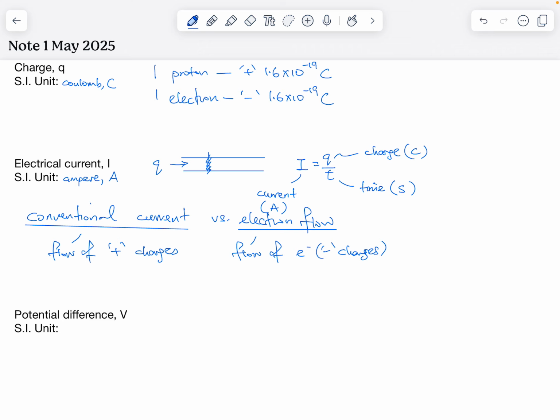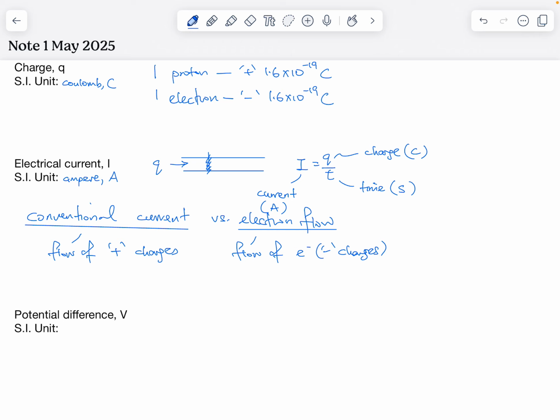So they had this concept that is incorrect at the time before the discovery of electrons. So because of that, all the equations, understanding, laws have been built on the wrong concept that current flows with positive charges.